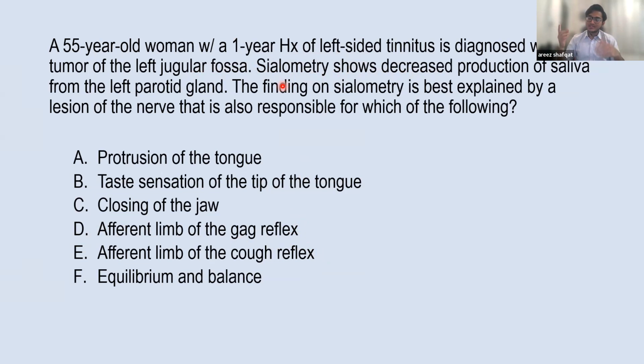The three major salivary glands are parotid, submandibular, sublingual. Glossopharyngeal supplies the parotid gland. Facial supplies the submandibular and sublingual glands. This guy has a glossopharyngeal nerve lesion. Glossopharyngeal nerve also carries sensation from the throat. So it mediates the afferent limb of the gag reflex. So the answer is D.